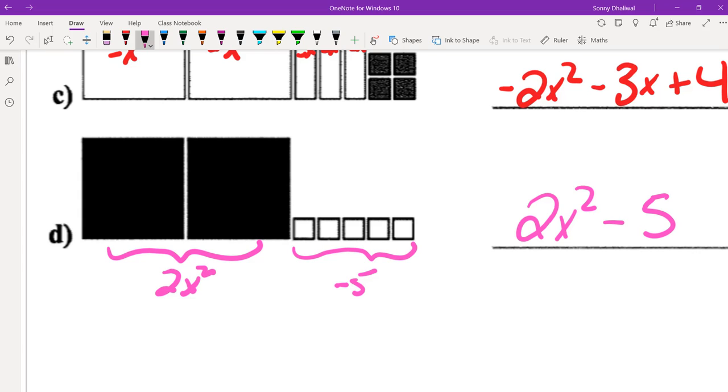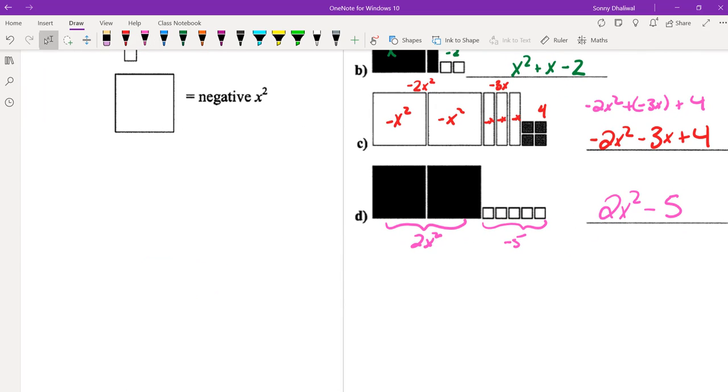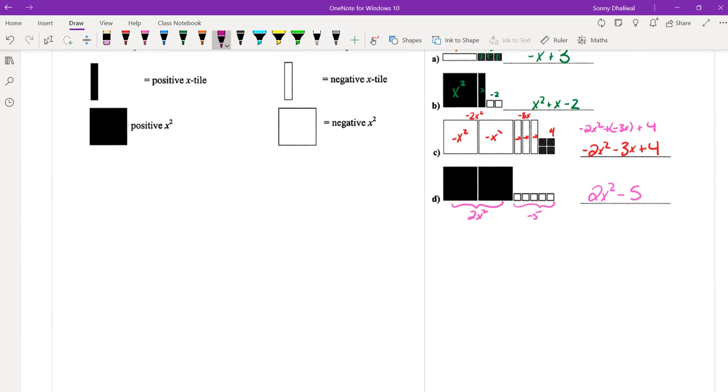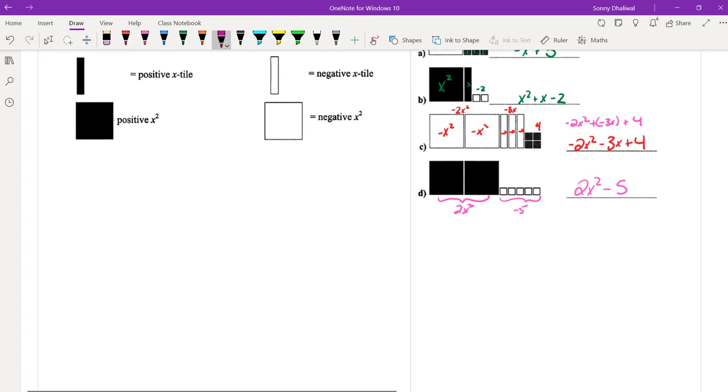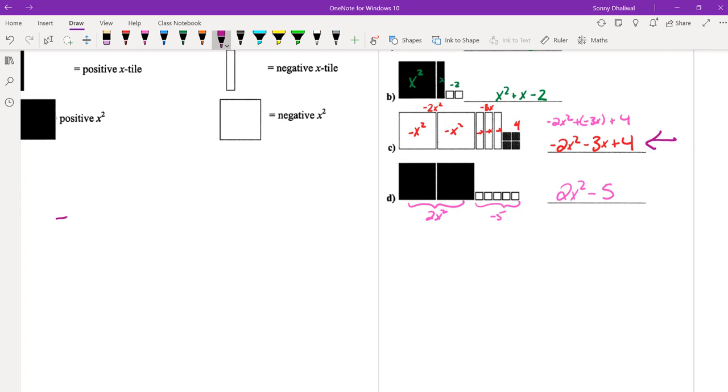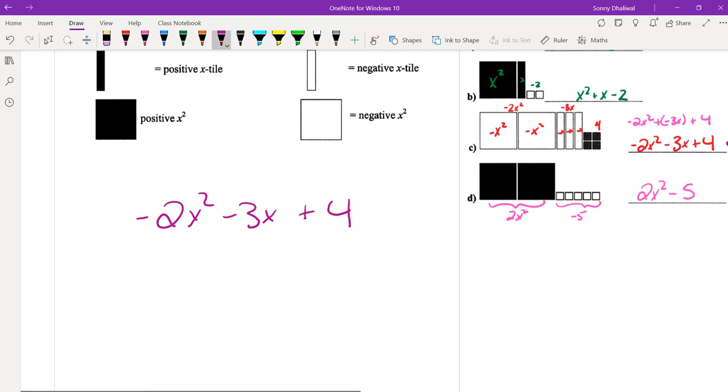Now on your assignment, there's some vocab that might cause you some difficulty if you don't remember it. So I'm going to mention some vocab first. Let's write it on the side here. I'm going to use this as my example: negative 2x squared minus 3x plus 4. If I use the word constant, what does it mean?